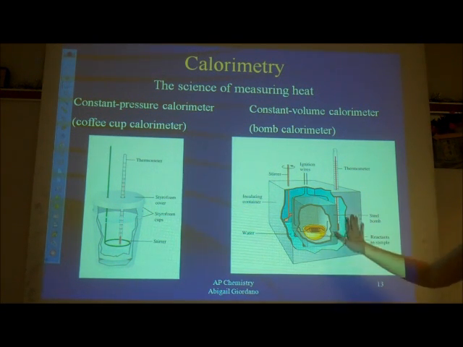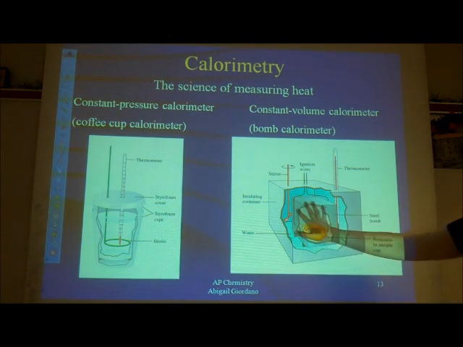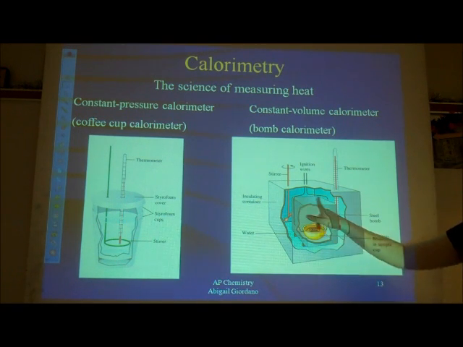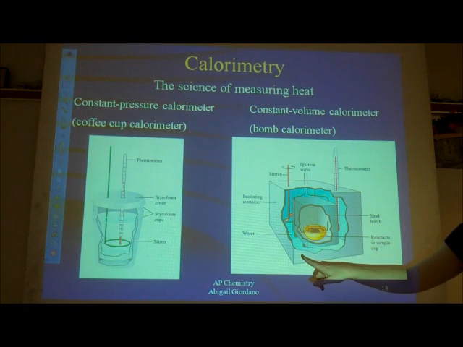If for some reason the water stopped flowing or the water source was cut off, the temperature would get too high and it could sometimes melt that interior chamber. And that would be bad.